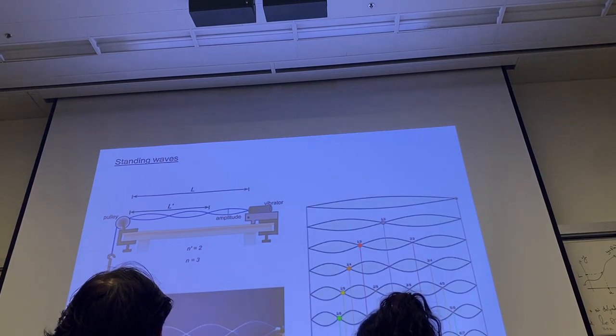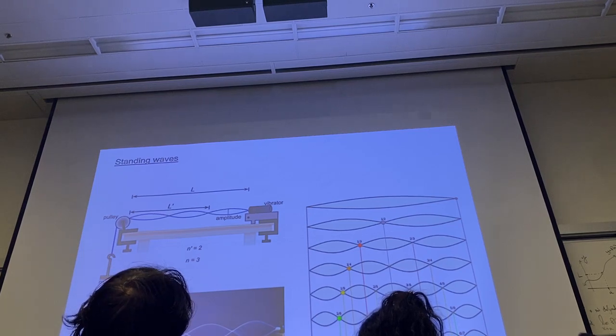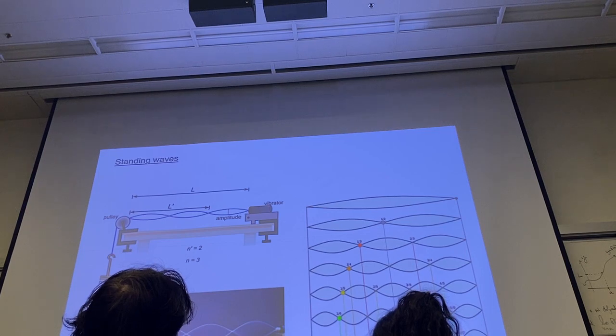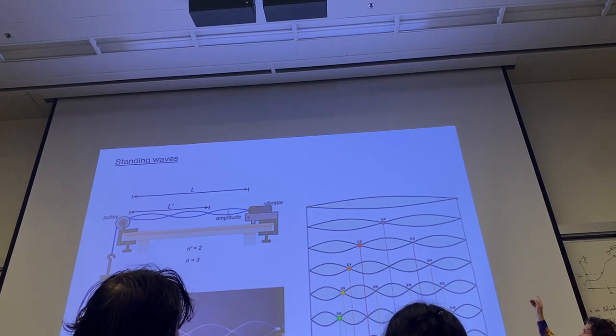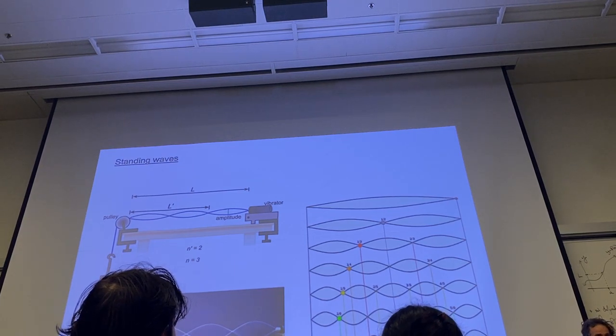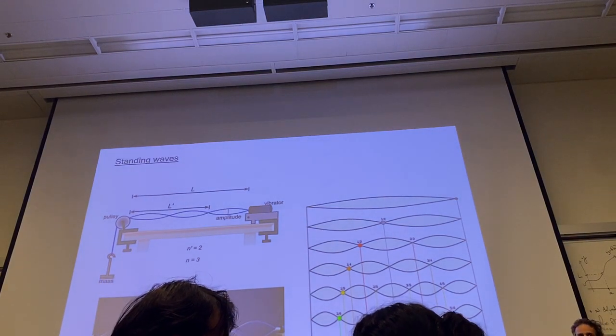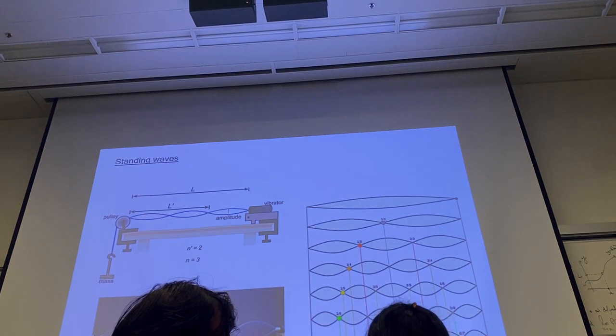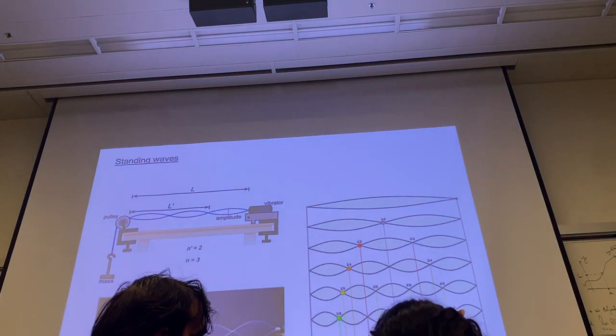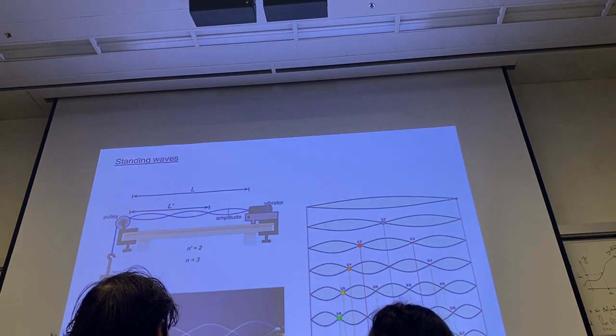So if you play guitar, you may have seen this picture before. It's the same thing, of course, with that shaking guitar string. It has certain nulls and places where the amplitude is maximum when you strike it, right? And there's different tones that you can make because you can have this oscillation taking place in a variety of ways.